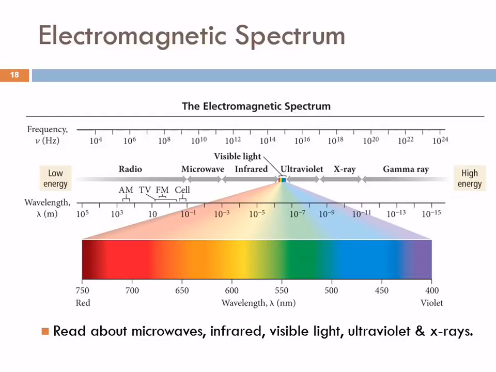Microwaves' placement here, lower in energy than infrared, might be a little confusing, because how does a microwave cook your food and get it hot then? The frequency or the energy is lower than infrared, but it is at a wavelength that is very easily absorbed by water.